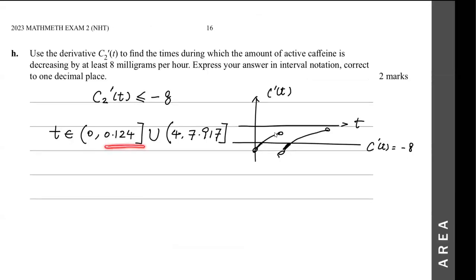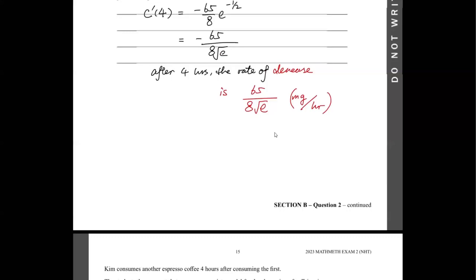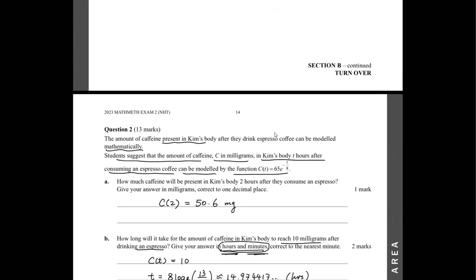And these two closed brackets come from these two intersection values, okay? Right, so this one is a very interesting question. Needs a bit of thinking. And I would say question 2 is actually the most interesting one. Need a bit of TLC, tender love and care, extra, okay?